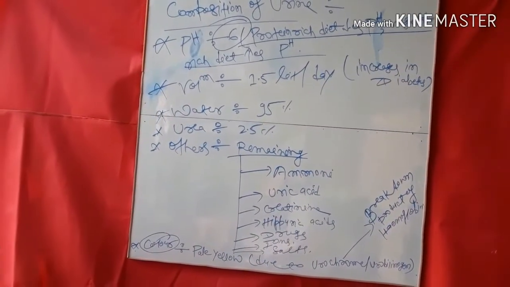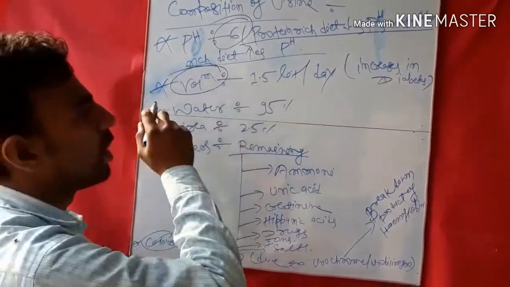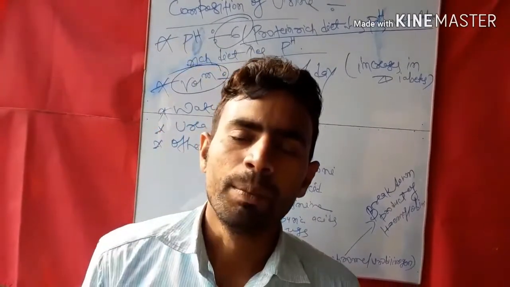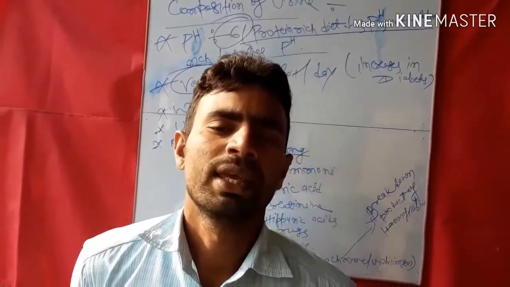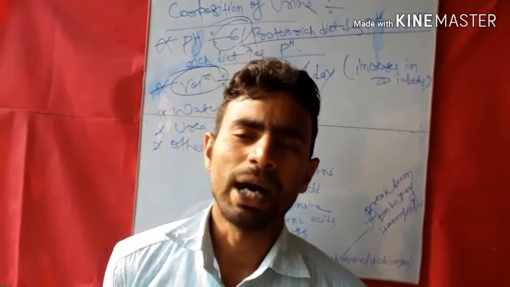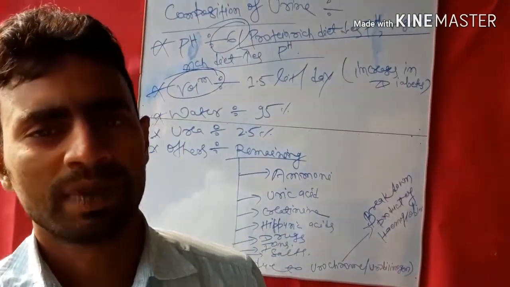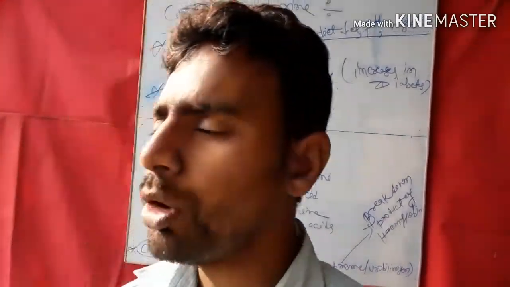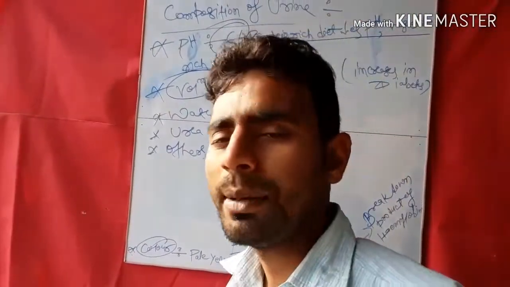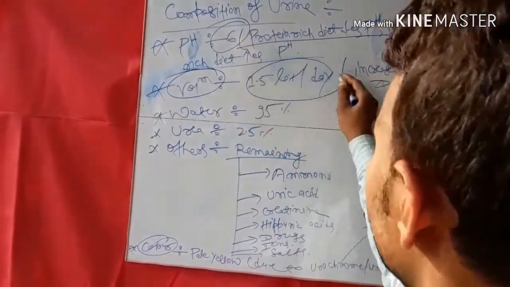Next is the volume of urine. Volume of urine is 1.5 liter per day.